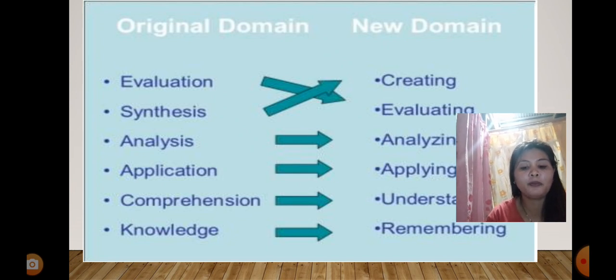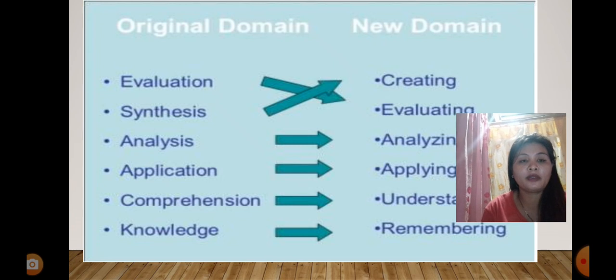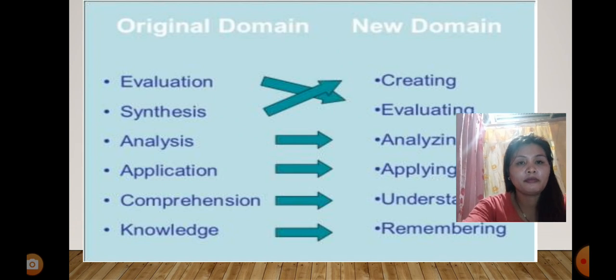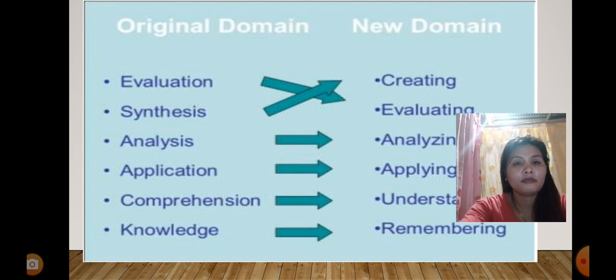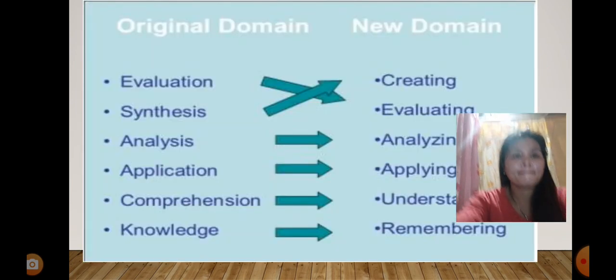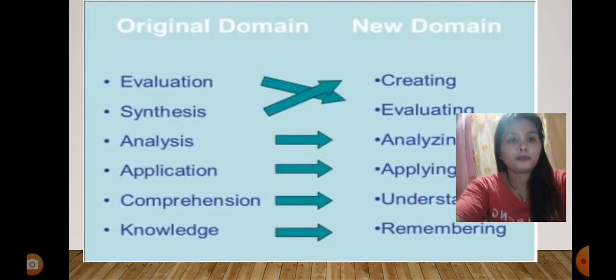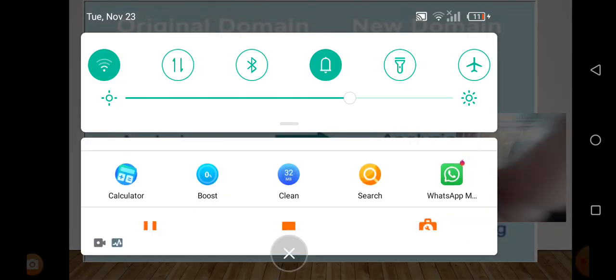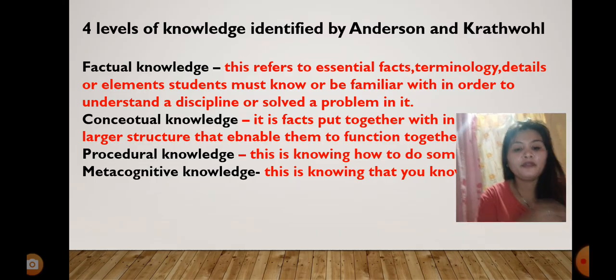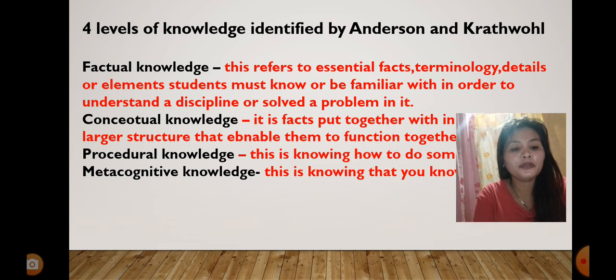Each level of processing can operate within each of the 3 domains. In the revised cognitive taxonomy, Anderson and Krathwohl identify the 4 levels of knowledge.